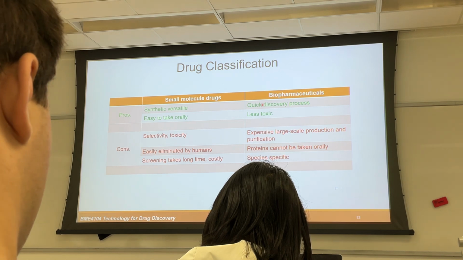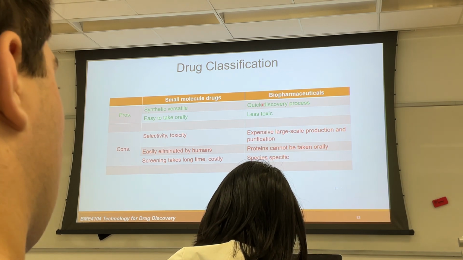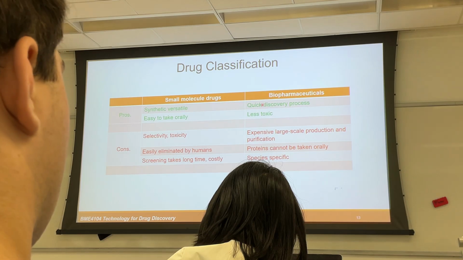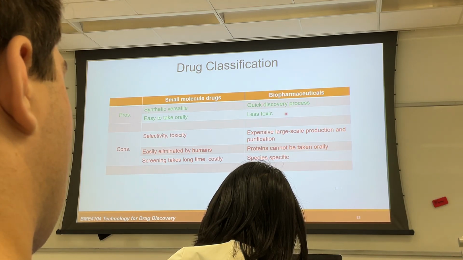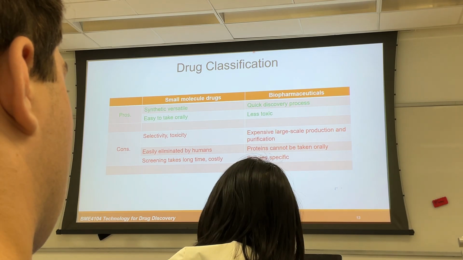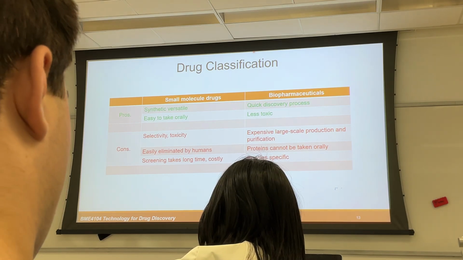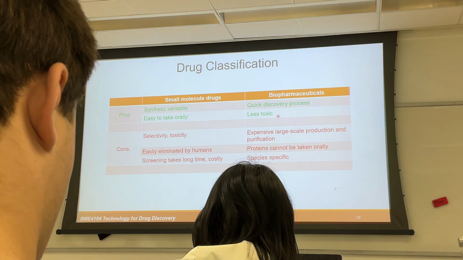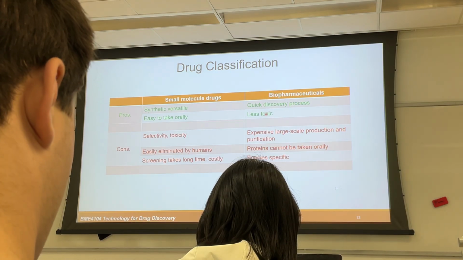So it's much quicker than the traditional virus method. So it has an advantage in that. And also, since biologics are naturally proteins, which we already have in our body, usually they are less toxic. We don't really reject those kinds of things.